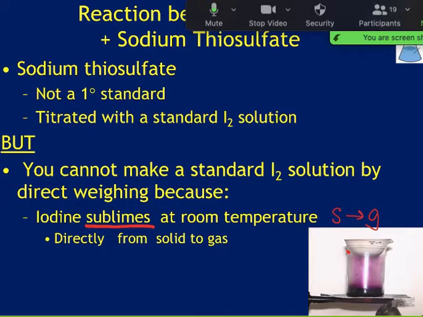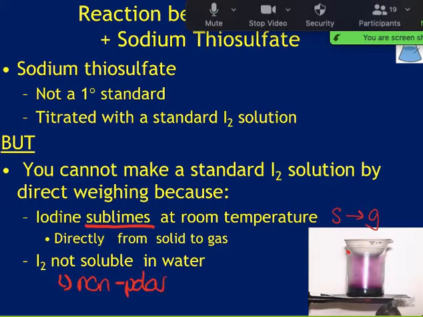So it'll go directly from a solid to a gas is one issue, and then the other issue is it's not soluble in water because it's nonpolar, covalent bonding. So how am I supposed to make a standard solution of something that I can't weigh out and something I can't dissolve in water?